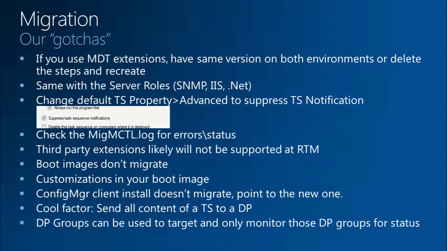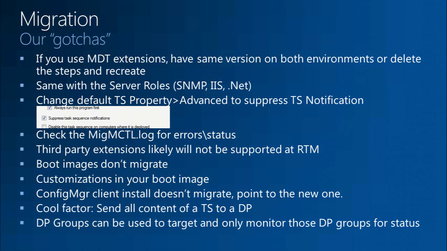Either A, make sure that your 2007 and your 2012 are using the same MDT version, or B, just go ahead and remove those MDT task sequence steps from your task sequence before you migrate them. And then once it's up on 2012, just go ahead and recreate the package. We ended up going with the latter in our scenario.